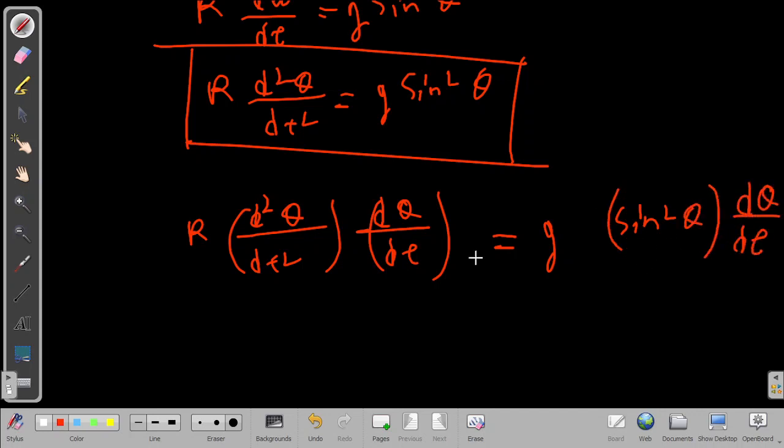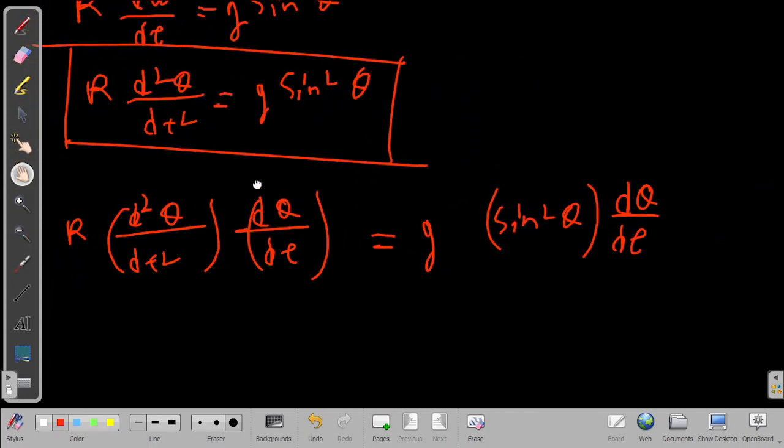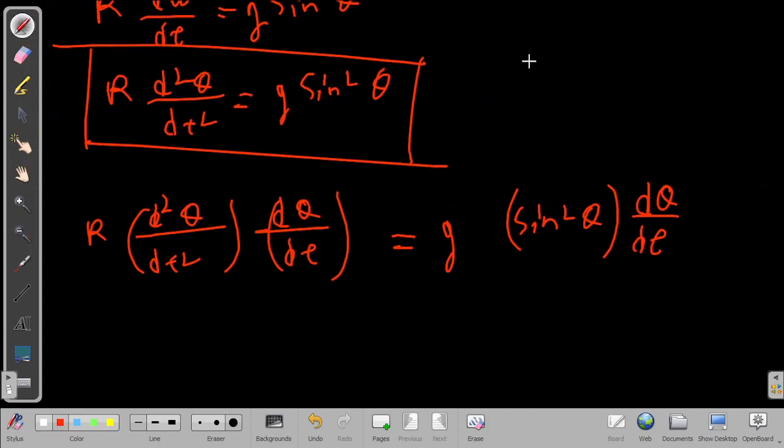Okay, now let us represent d theta by dt as theta dot, I think this will be more convenient for us. And secondly, let us call this theta double dot.